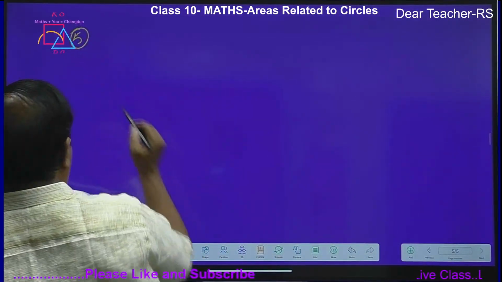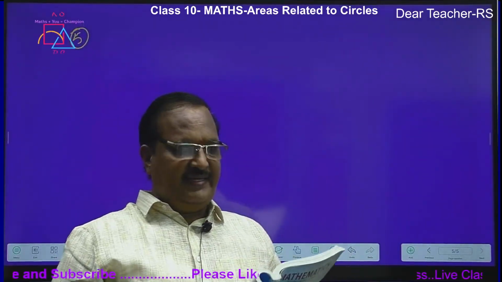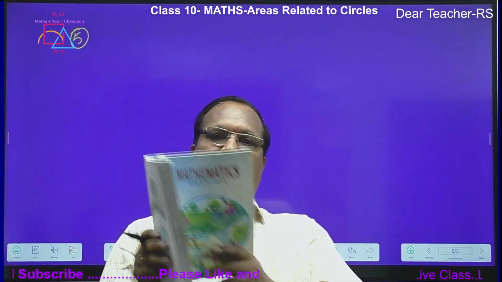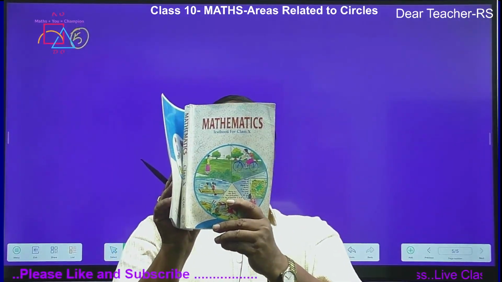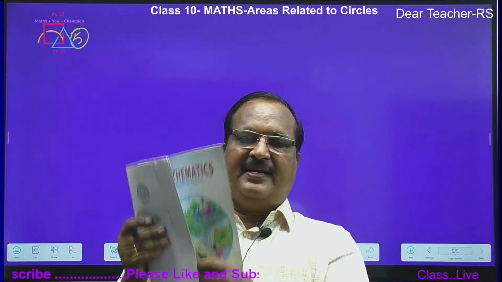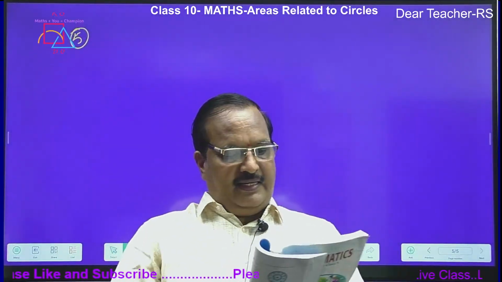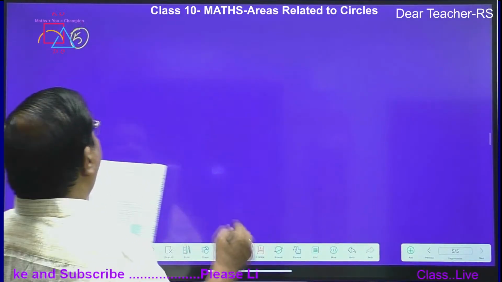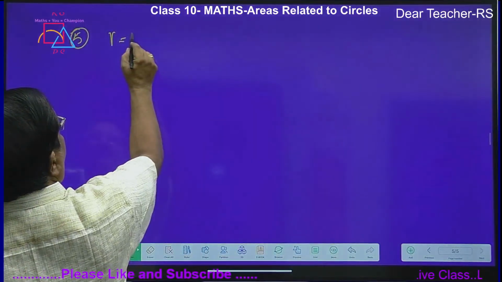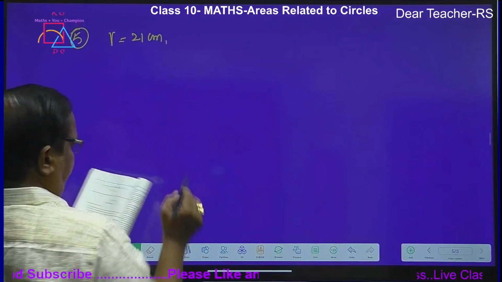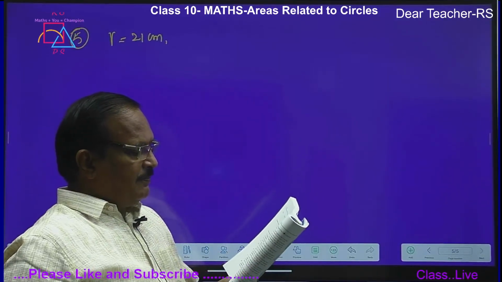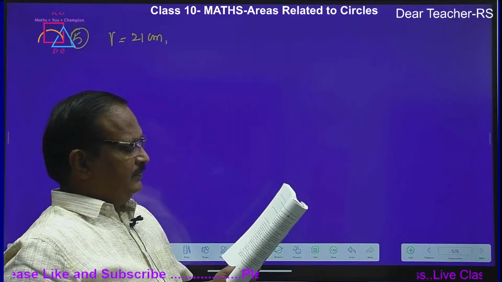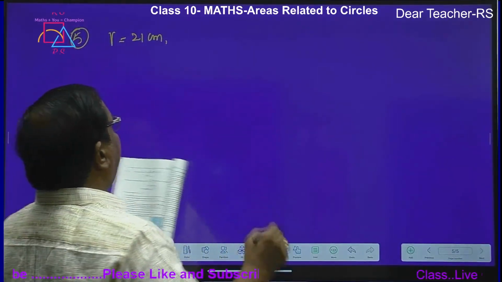Fifth question, 11.1 exercise. So question number 5. I hope you are having the textbook, the NCERT textbook. In a circle of radius 21 centimeters, let me write radius of circle is equal to 21 centimeter, okay, an arc subtends 60 degrees.